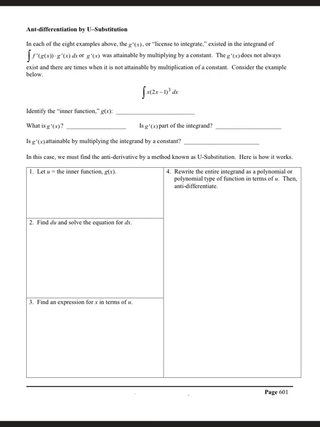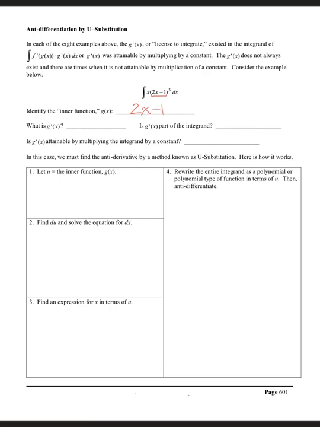The g prime does not always exist, and there are times when it is not attainable by a multiplication of a constant. Consider the example below. So identify the inner function g of x. Okay, so like I said, it's a good tool to know how to identify the inner function. So that is the 2x minus 1.